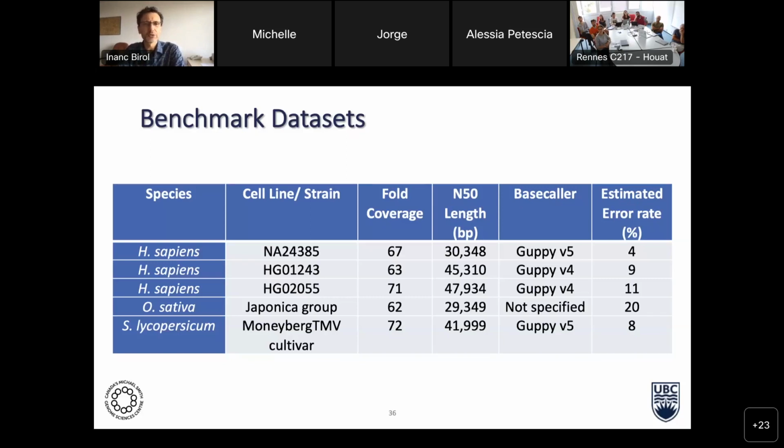And they were base called using various versions of Guppy. And their estimated error rates range between 4% to 20%. So 20% for rice, 4% for NA24385. So how do algorithms cope with such a variety of error rates was the question that we had.